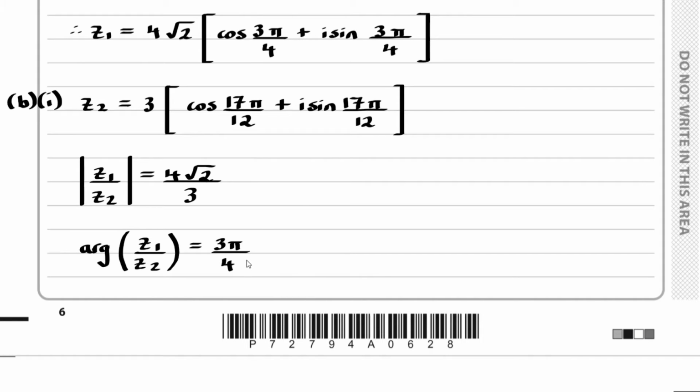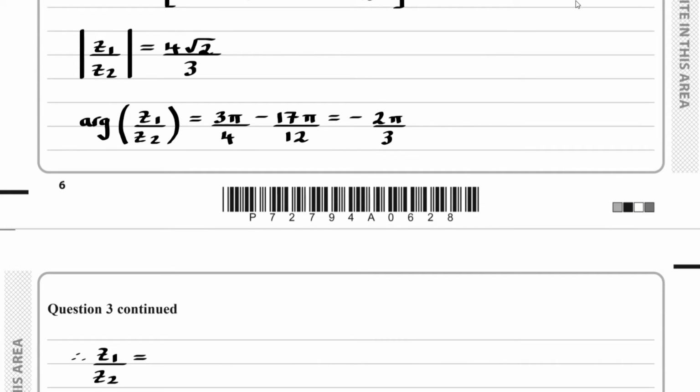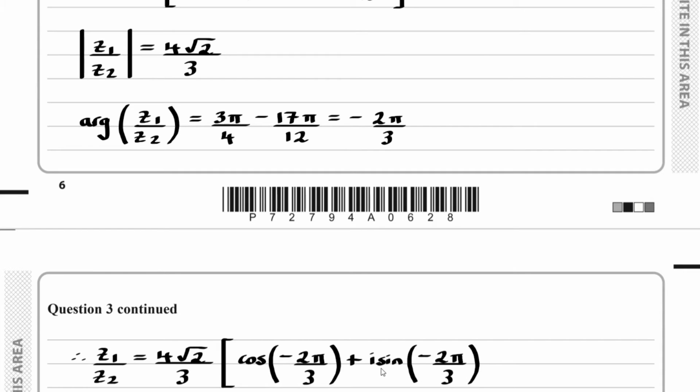So we have 3 pi over 4 subtract 17 pi over 12, and if we work this out, we get negative 2 pi over 3. We now know the modulus, we now know the argument. So z1 over z2 is equal to 4 root 2 over 3, multiplied by the cosine of negative 2 pi over 3, and then we add i sine of negative 2 pi over 3.